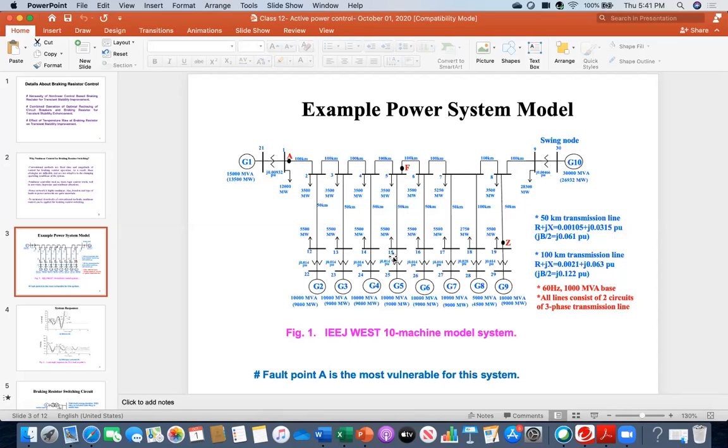So you have to pick some specific locations. You may need to reduce the number of braking resistors to save some cost. For example, this generator has 5,000. You may not put one across it, but you have to definitely put one here, because as I said, this is the most vulnerable. This is the highest rated. You need to put one.